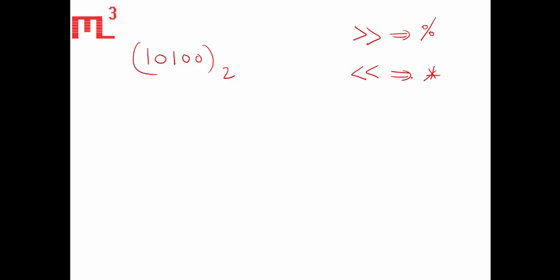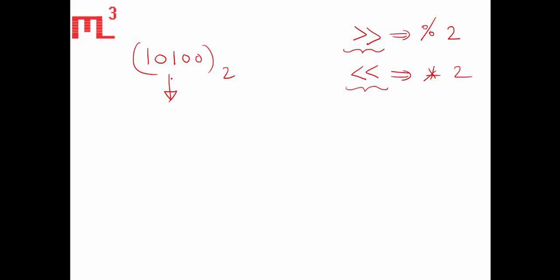So these are the two concepts we are going to use. Whenever you do a right shift, it is divided by 2. Whenever you do a left shift, it is multiplied by 2.